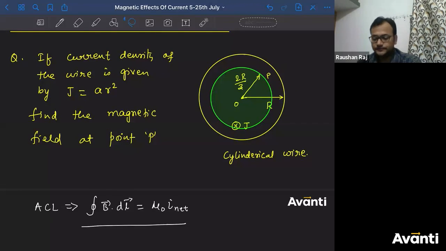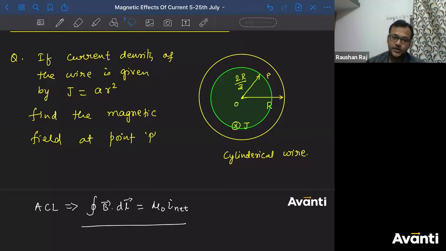What is the definition for J? What is current density? Current per unit area. Very good. So current per unit area is current density.